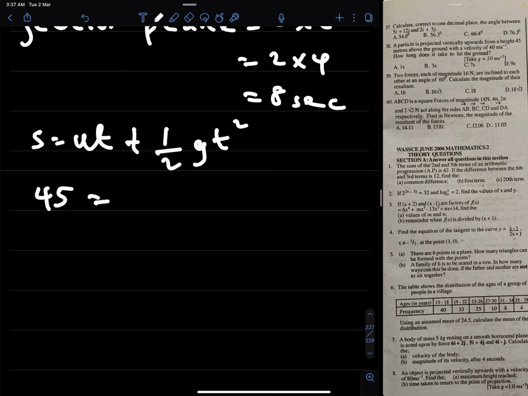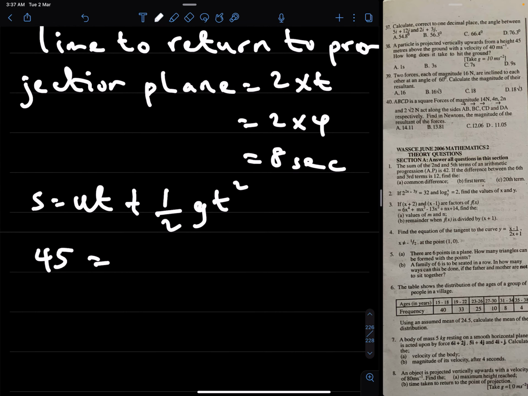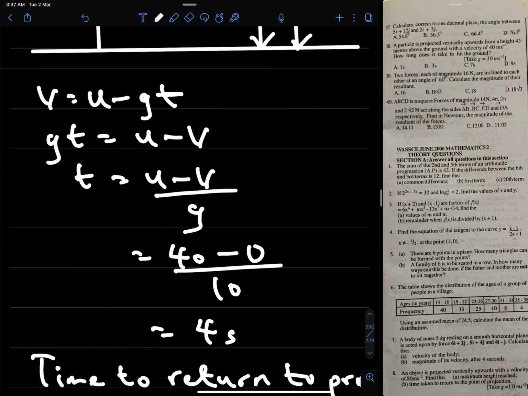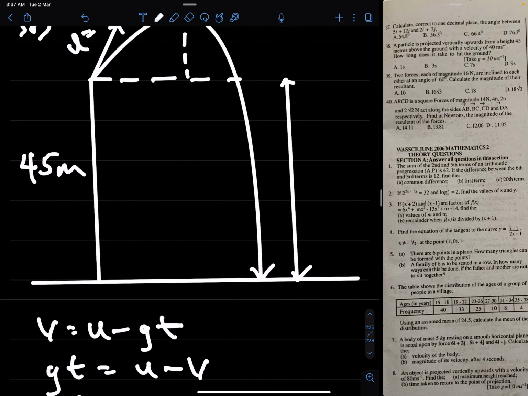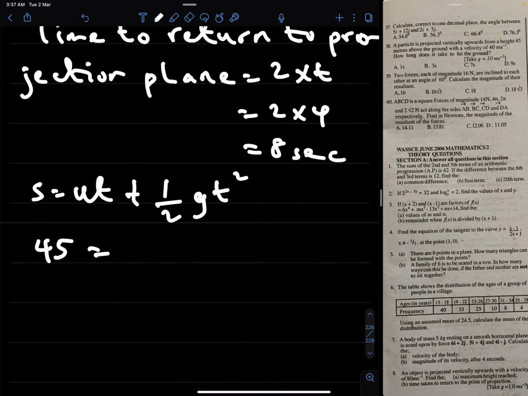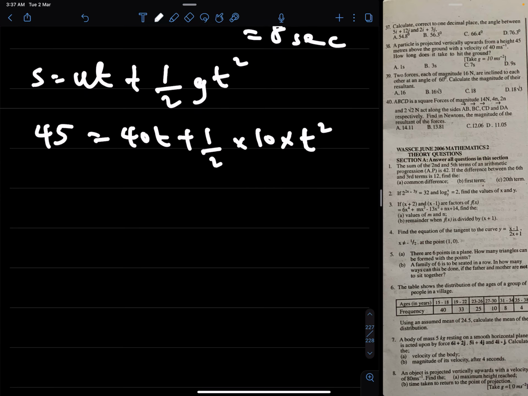U, at that point, is the velocity of 40. So that's going to be 40t plus 1 over 2 times g, which is 10, times t squared. That simply means 2 here 1, 2 here 5. 45 now equals 40t plus 5t squared.